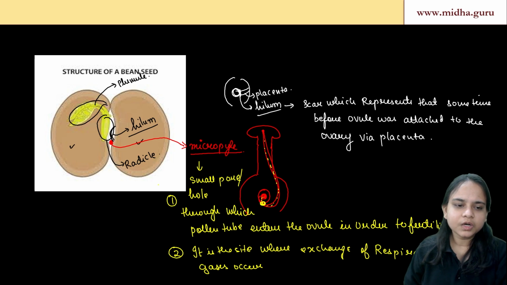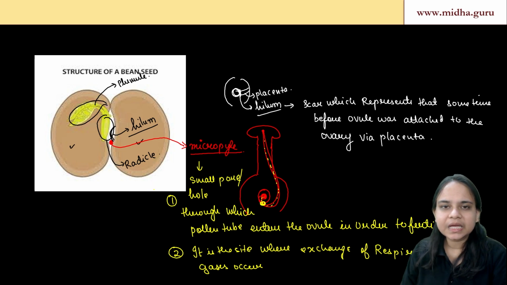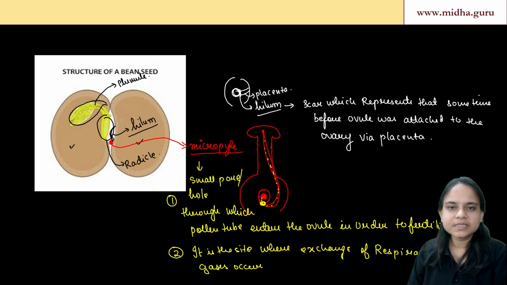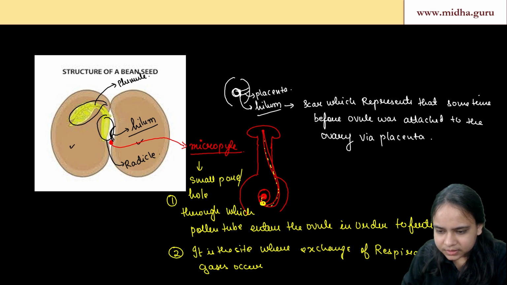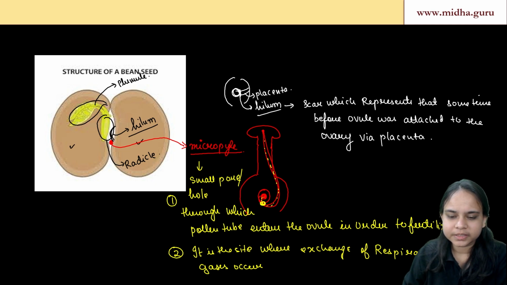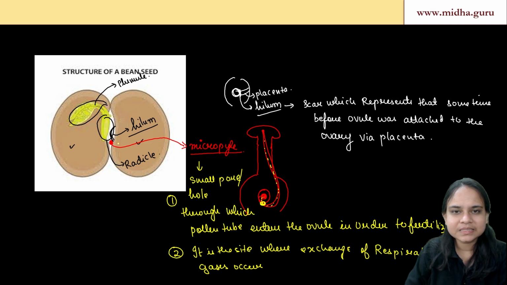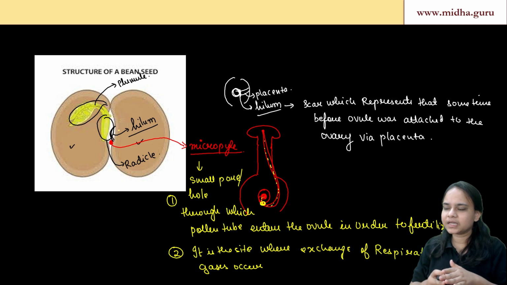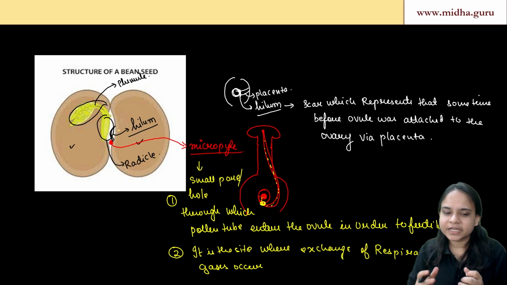So for the germination purposes, for the germination, the embryo needs adequate amount of water, nutrients, as well as proper amount of gases, respiratory gases. Okay, then it utilizes the oxygen and releases out carbon dioxide. So for that purpose, even this hole or this micropyle acts as a site, or we can say acts as a place from where exchange of gases takes place.